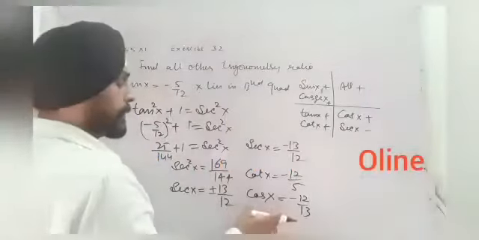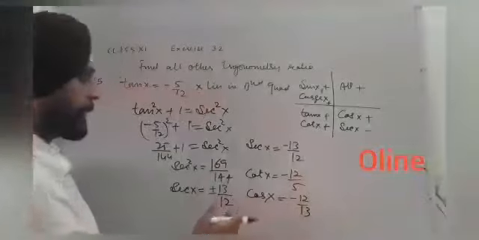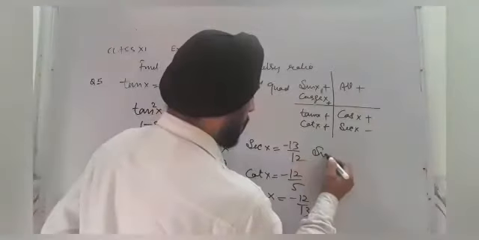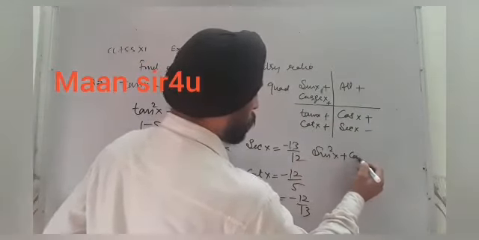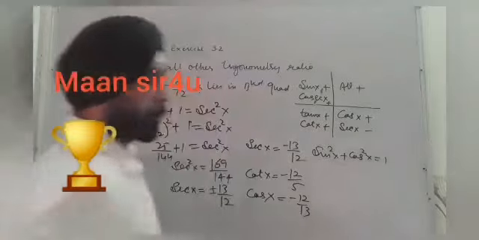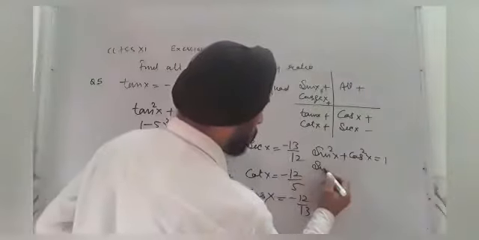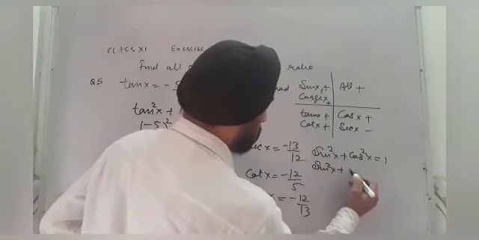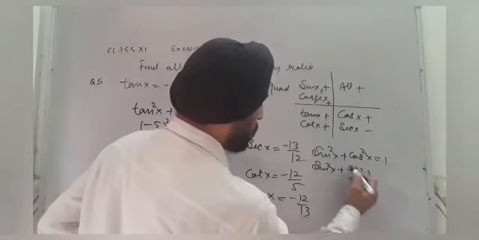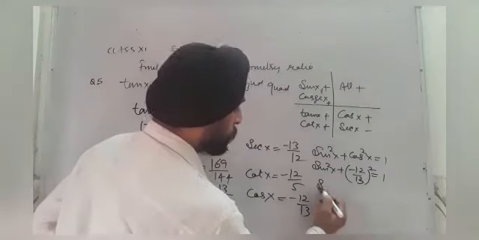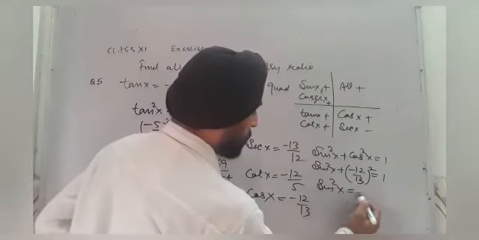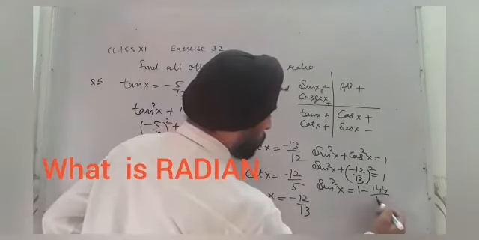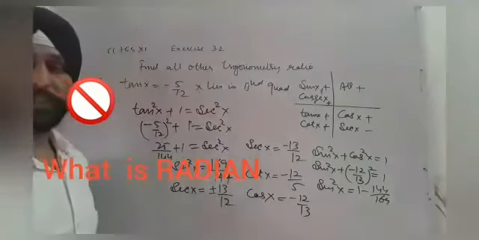Now we need to find sin x. So you will apply here sin square x plus cos square x is equal to 1. We will recall this identity. So sin square x plus minus 12 by 13 squared, we will put the value here. So same as it is, sin square x is equal to 1 minus 144 by 169.